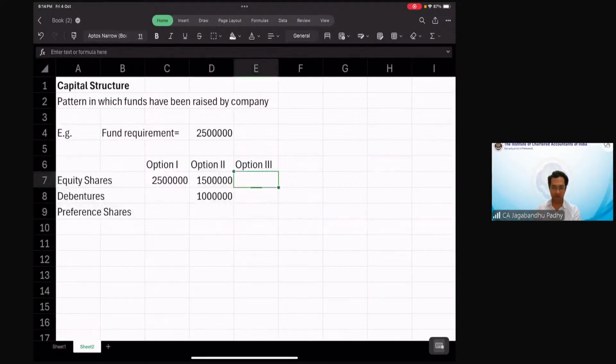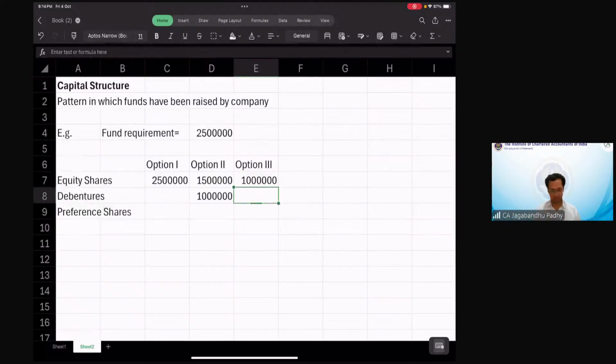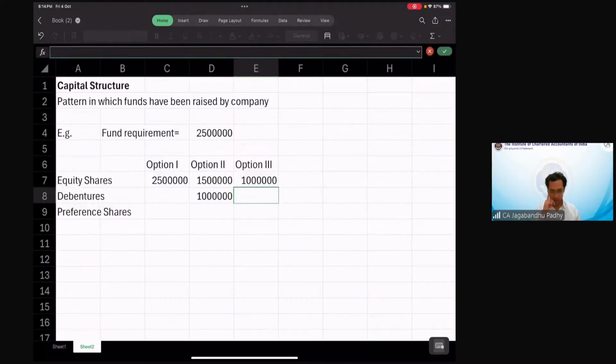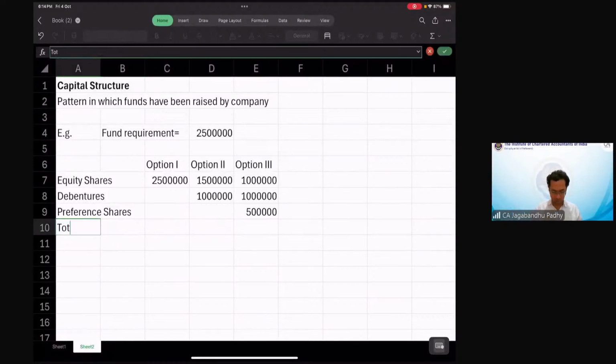The third option that bankers make possible for us is to get 10 lakh equity shares, another 10 lakh debentures, and suppose 5 lakh of preference shares. So as per the legal requirement or the requirement of the standards, these are the three possibilities. Of course, what's the total capital employed in each of these scenarios?